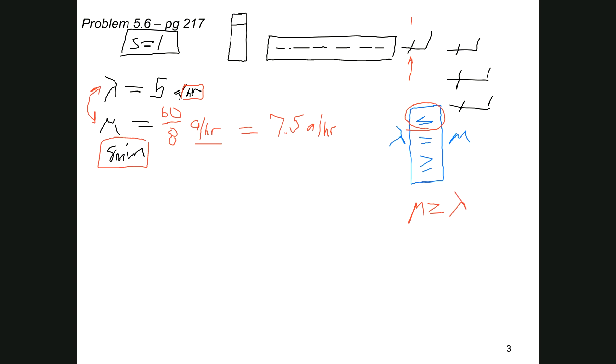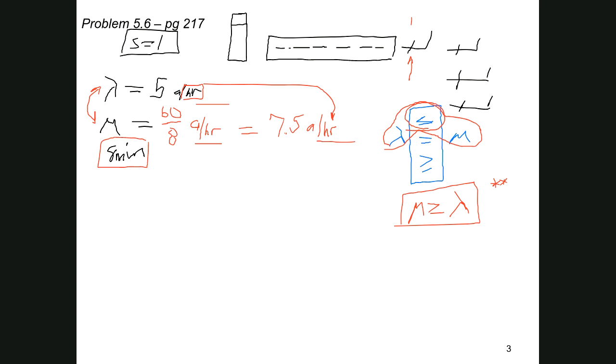The service rate has to be larger than the arrival rate. Okay, so that's another important factor. So if the time dimensions don't match, or if this relationship isn't satisfied, then right off the bat, you have an issue with solving the problem.